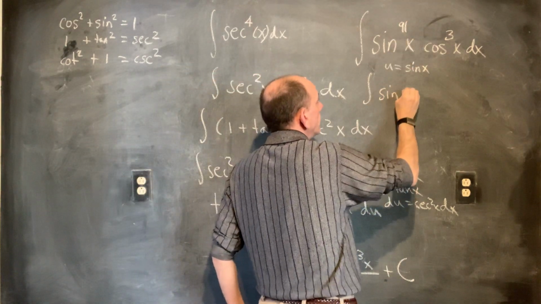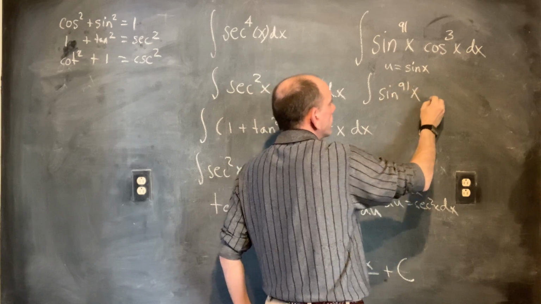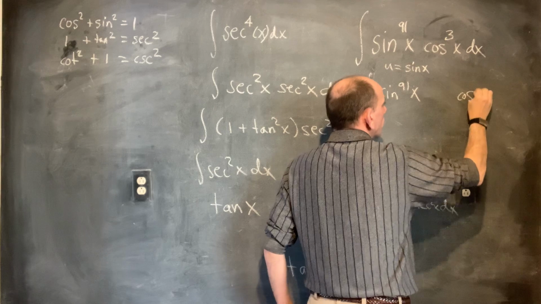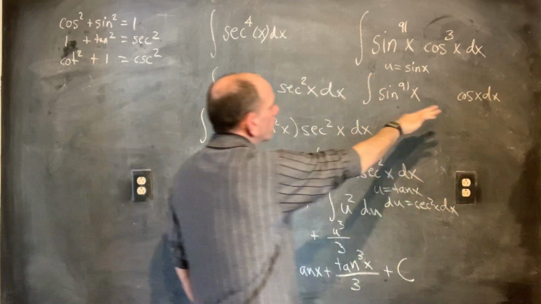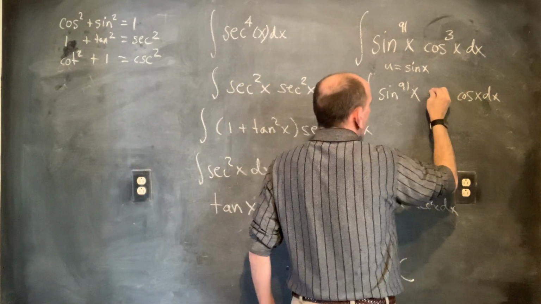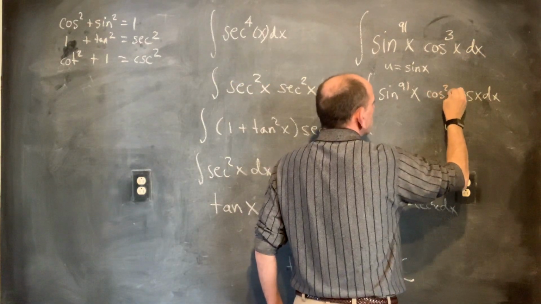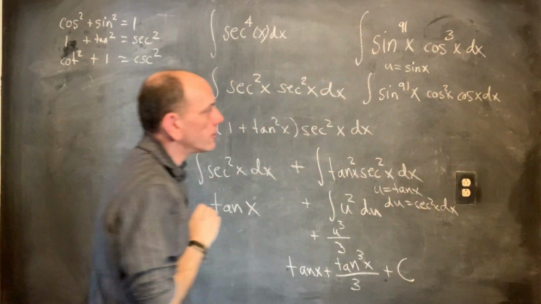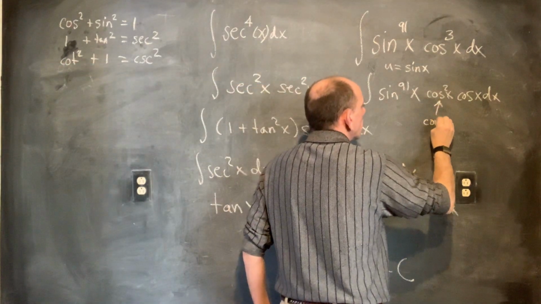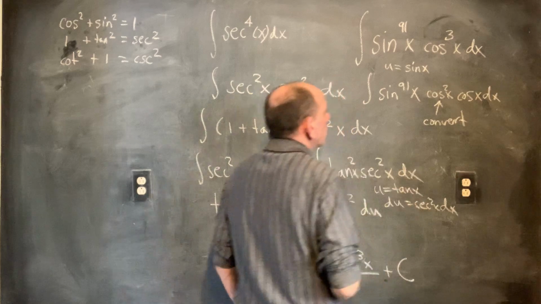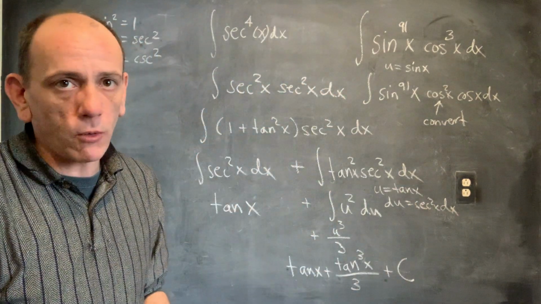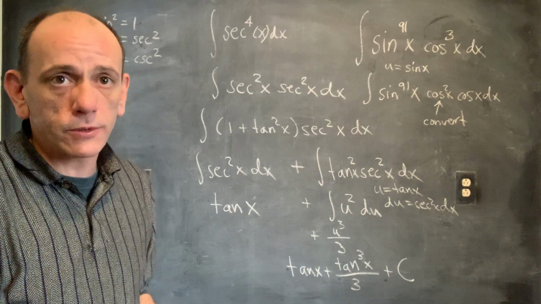I need to hold one of the cosines off for my du, right? Which will leave me a cosine square here, which I can convert to sines. Once I convert to those sines, we're just distributing through, and we've got powers on sine. They're just u subs.